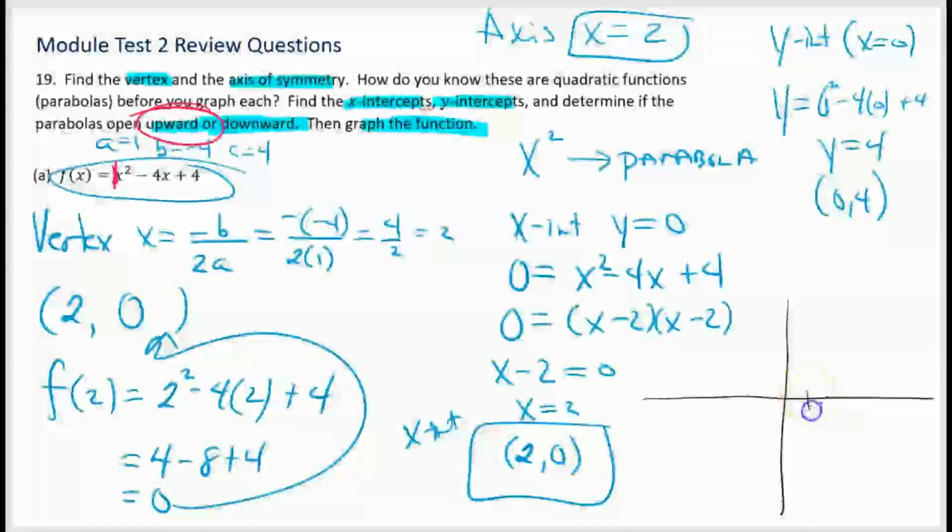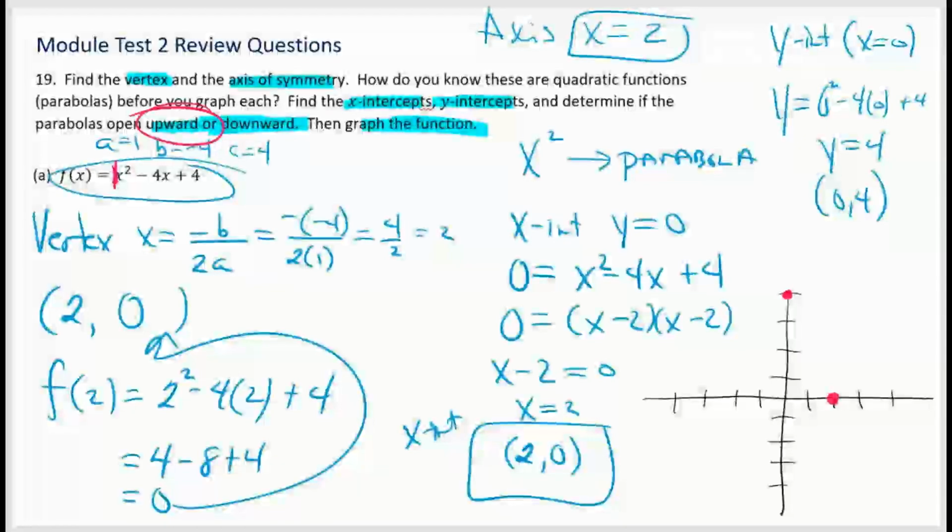So I'm going to go out to 4 in every direction. If we need more than that, we'll put more on there. Now, important stuff. Your vertex has to go on there, so 2, 0. That's my low point, right? Because this graph opens upward. My y-intercept is 0, 4. And then my x-intercept happens to be my vertex.